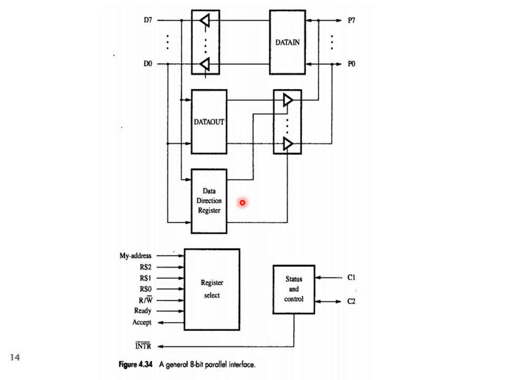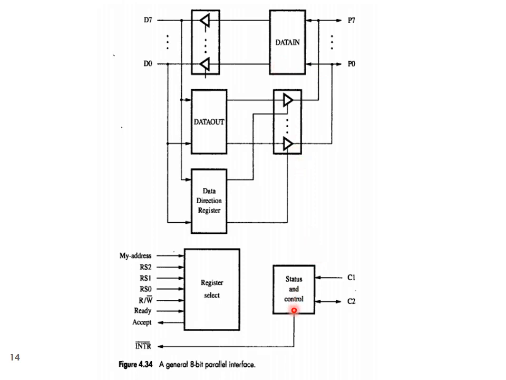That is, this register will activate the 3-state drivers of the data out register, and if these drivers are activated, the data lines will act as output lines, whereas if these drivers are not activated by this data direction register, then these lines will act as input lines for the data in register.